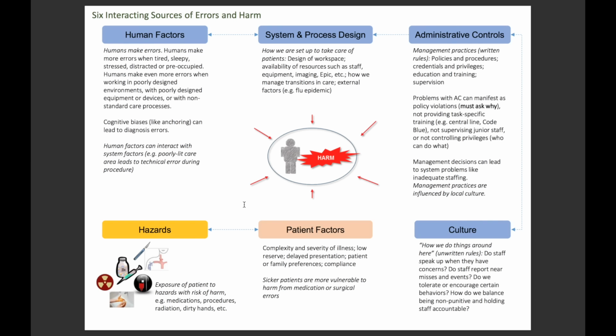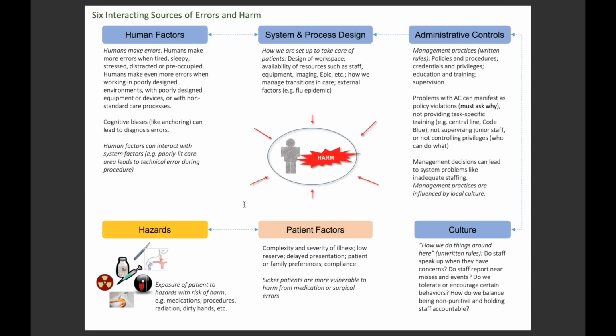So I'm going to talk a little bit more about these 6 interacting sources of errors and harm. Number 1 is human factors. Humans make errors when tired, sleepy, stressed, distracted, or preoccupied, which sounds like every medical student and resident in the world.